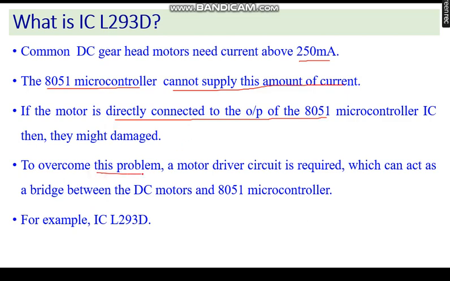To overcome this problem, a motor driver circuit is required, which can act as a bridge between the DC motor and the 8051 microcontroller. In our practical we use a motor driver IC, that is IC L293D.